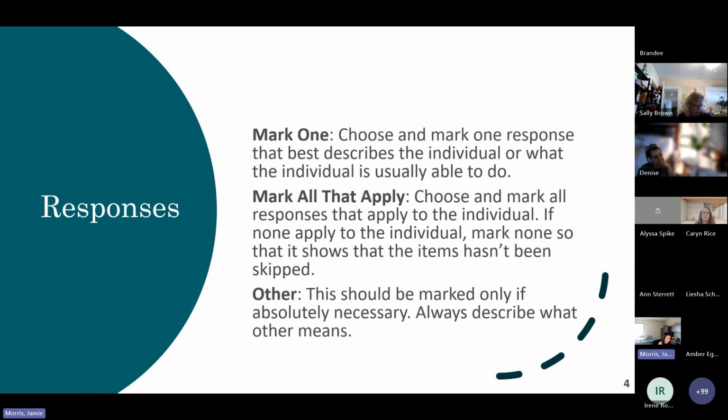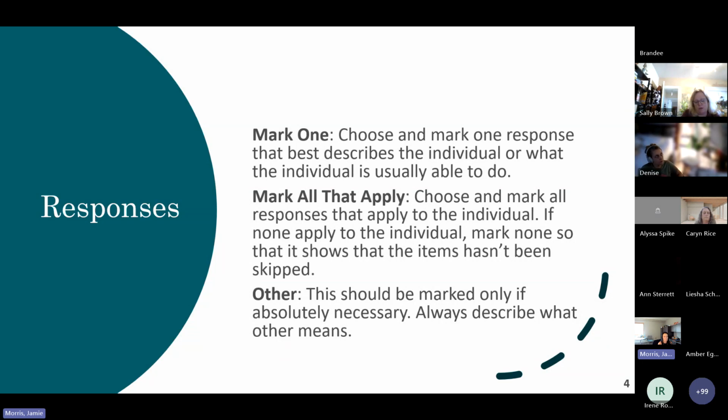You will find that through the ICAP, you'll have 3 options for answering the questions that are asked. You will see mark 1, if you can only choose one, of course. That is to find what best describes the individual, or what the individual is most usually able to do.